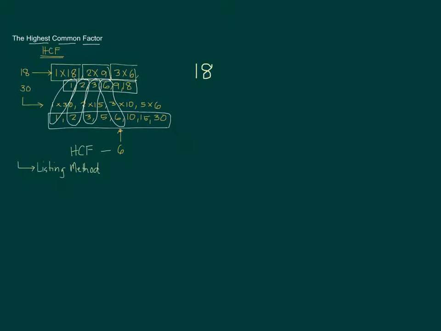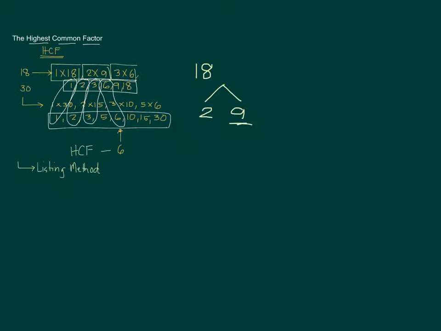I can produce a tree diagram. I know that 18 is 2 times 9. Try to break down 18 into two numbers, using small numbers like 2 or 3 first, because the moment you divide 18 by 2 or by 3, the new number will become smaller. Like 9 is already much smaller than 18.